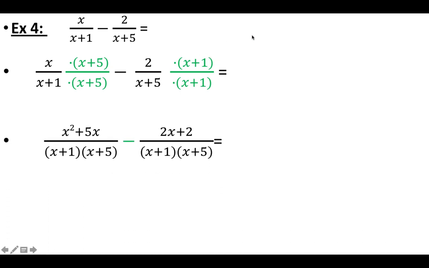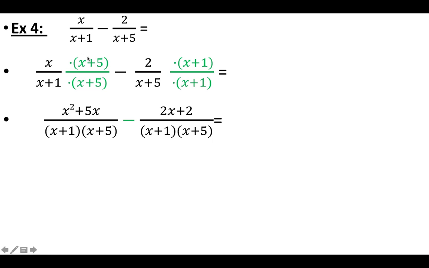Let me distribute in my next step. See how this became x squared plus 5x right here, and this became 2x plus 2 over here. Then our bottom, you could just leave them like that. That's fine. You don't have to FOIL it. I highlighted the minus sign in green for a specific reason: this minus sign means I'm subtracting this whole fraction.